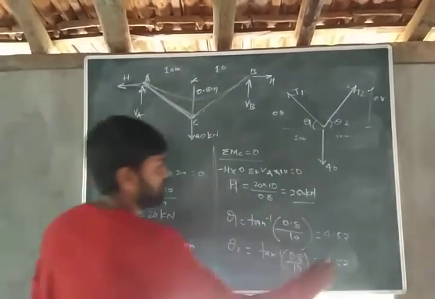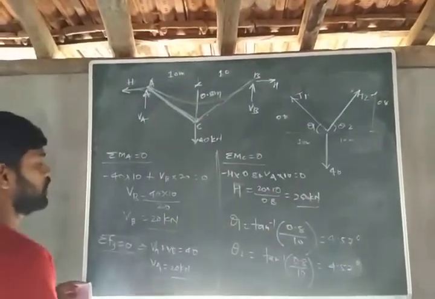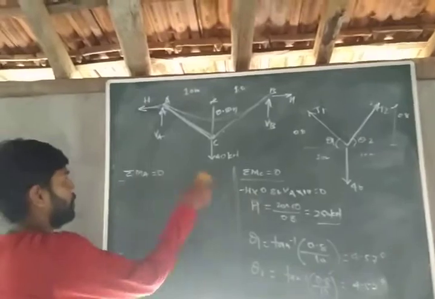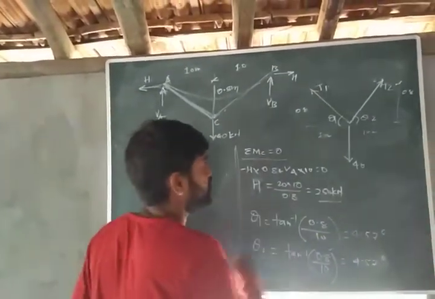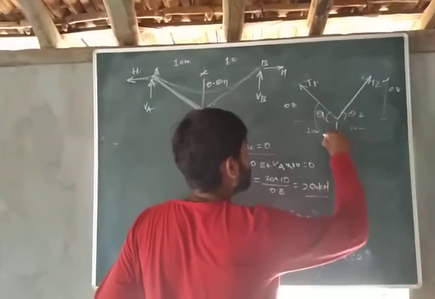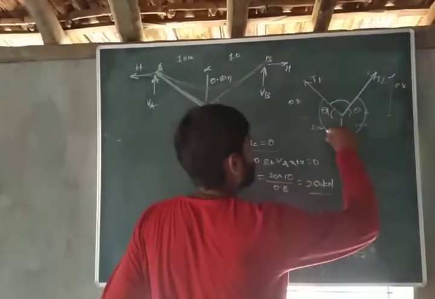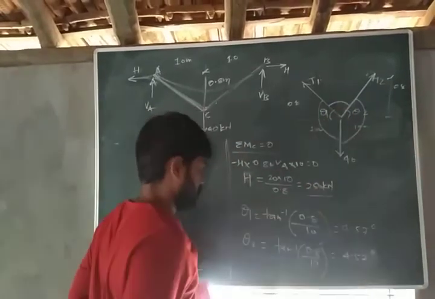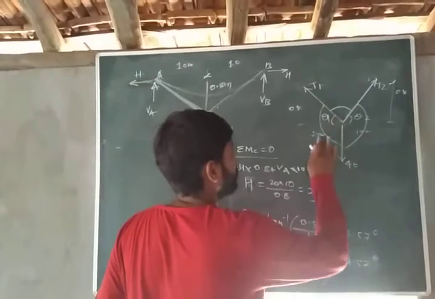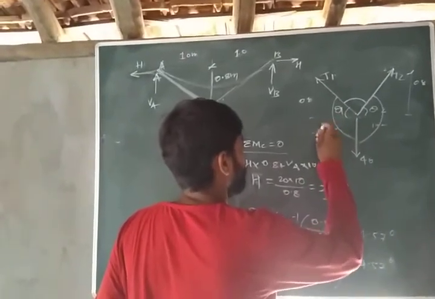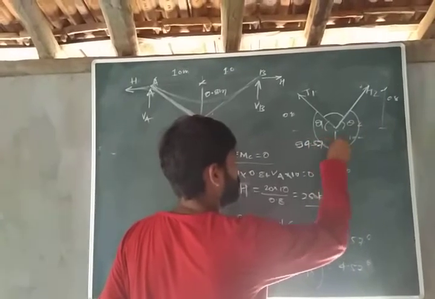Okay. So now by applying Lami's theorem, we can calculate the tension. For that, we need to calculate the total angle between the forces. So now this theta 1 is 4.57, this is 90, so this total angle will become 94.57.